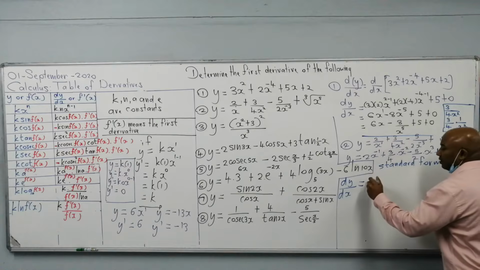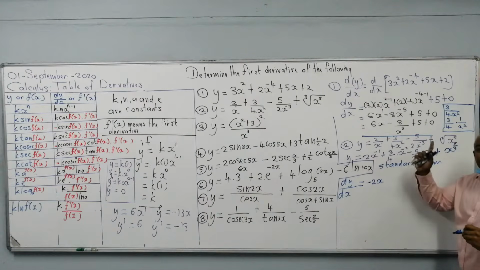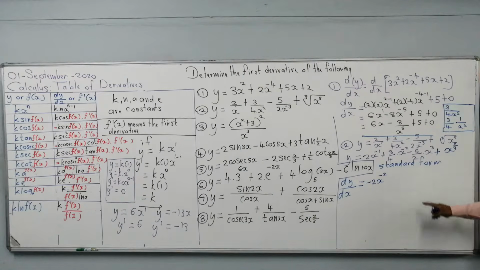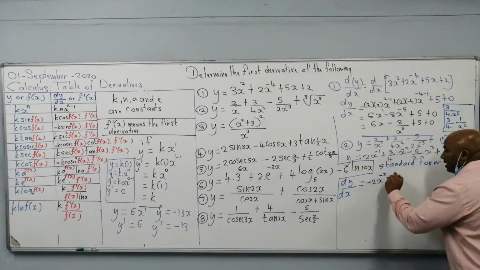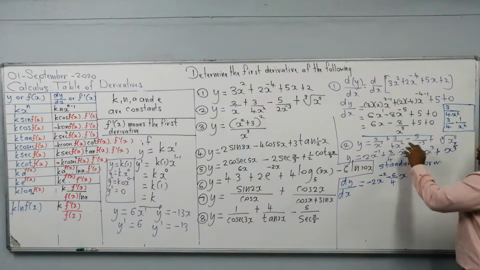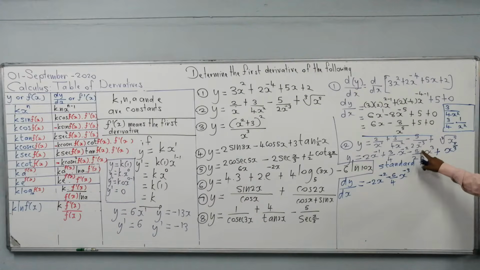2 times minus 1 will be minus 2x, minus 1 will be minus 2. Here, 3 over 4 times minus 2 is a positive times a negative. That will be minus 6 over 4. x, minus 2 minus 1 is minus 3. Here, we got a negative 5 over 2 times 3.